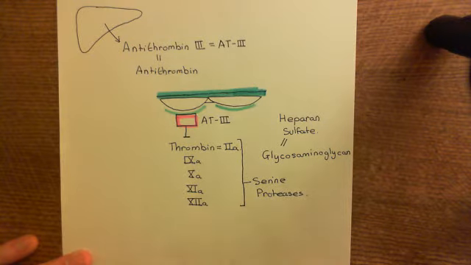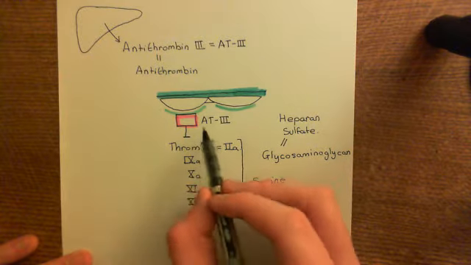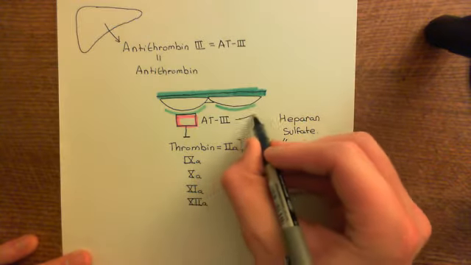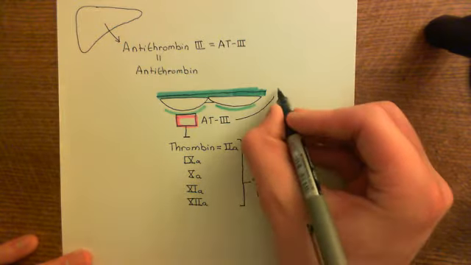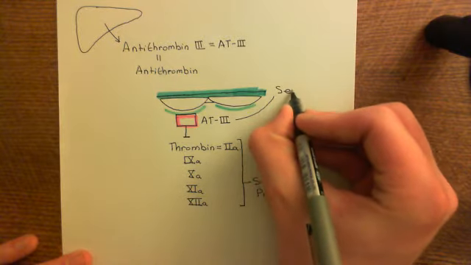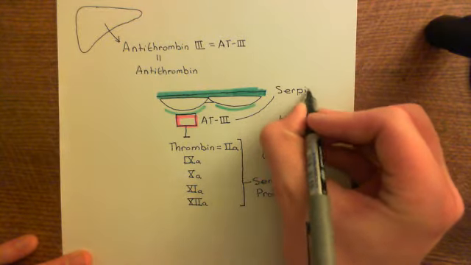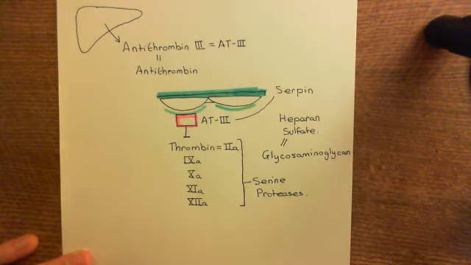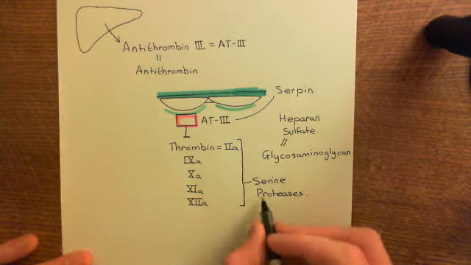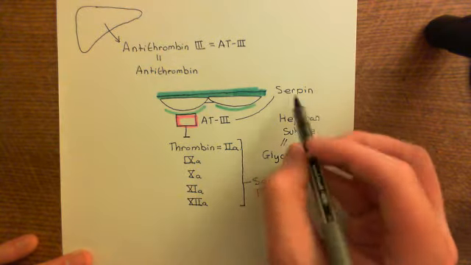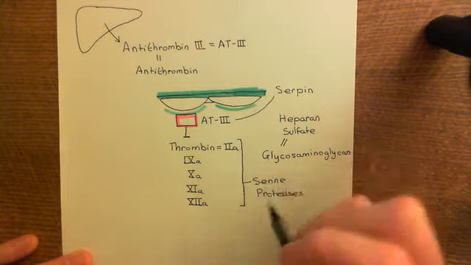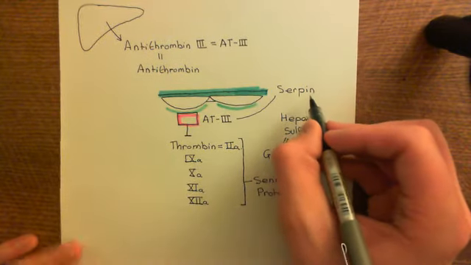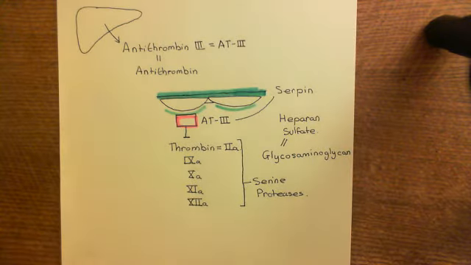So basically, antithrombin 3 is a serine protease inhibitor, and there's a nice little name for molecules which inhibit serine proteases. They're known as serpins. So you may well hear antithrombin 3 referred to as a serpin because it inhibits serine proteases. The SER is for serine, the P is for protease, and the IN is for inhibitor. So antithrombin 3 is a serpin.